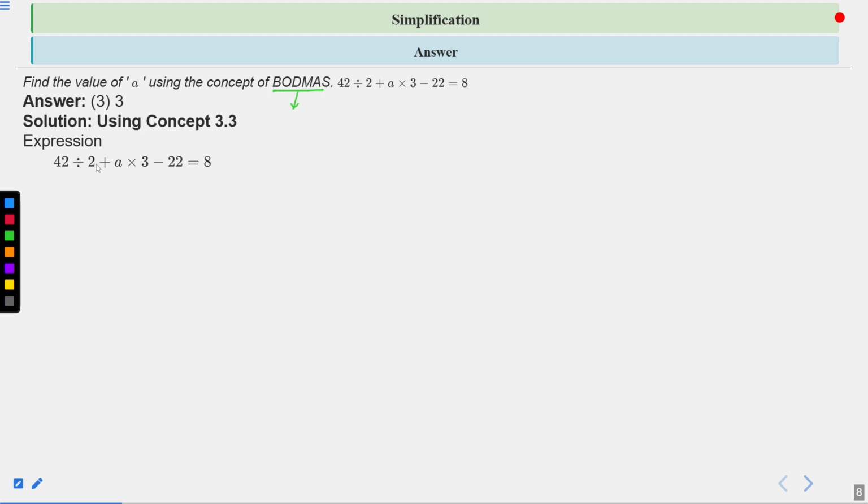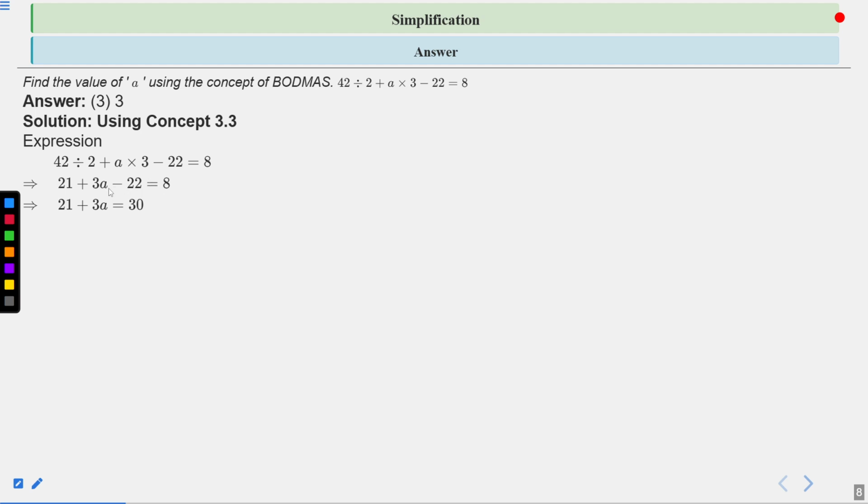We divide 42 by 2, then multiply 3 into A, then subtract, then we calculate the value of A. Dividing 42 by 2, we get 21, and multiplying 3 into A, it becomes 3A minus 22, which equals 8.